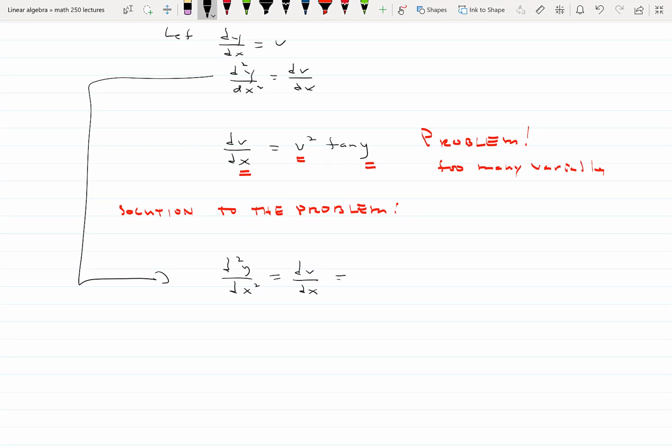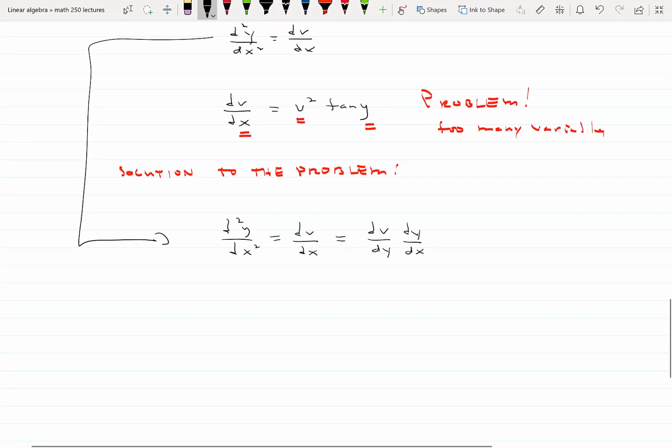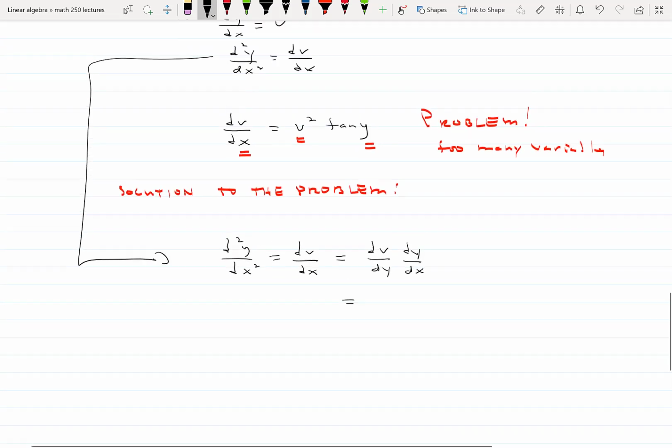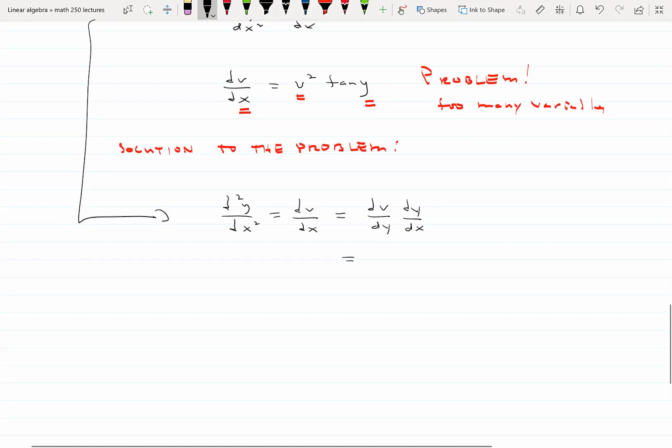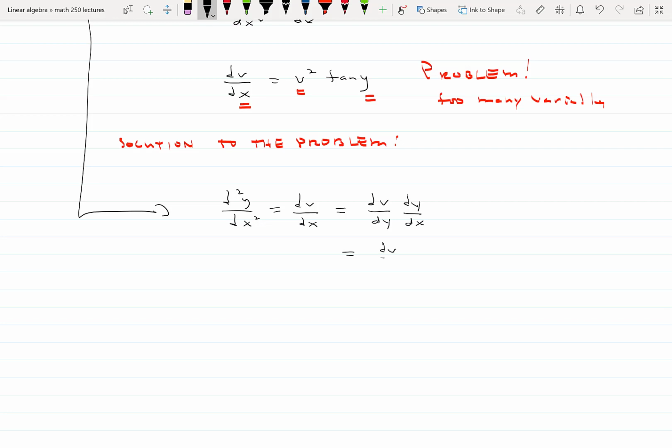So we're going to use the chain rule on dv dx and make it dv dy times dy dx. And you might think, oh, we still have x in there, but what is dy dx? dy dx is v. So this is dv dy times v, or v dv dy.